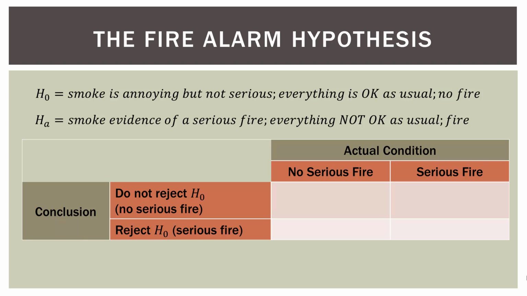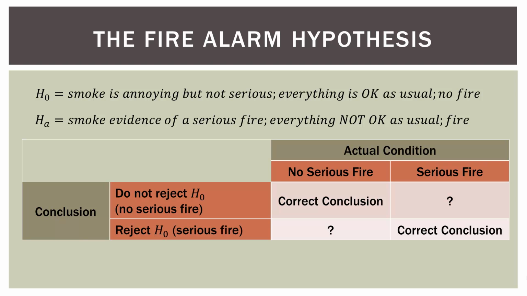Or we reject our null hypothesis that everything is okay and there is some serious fire. So those are the two conclusions we could reach in this situation. Now the actual condition of reality is there is no serious fire or there is a serious fire.